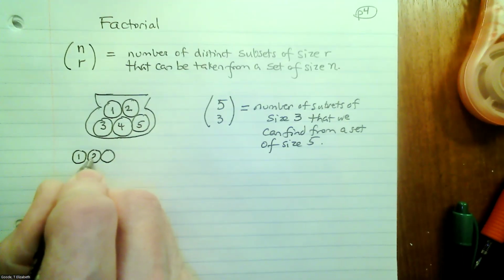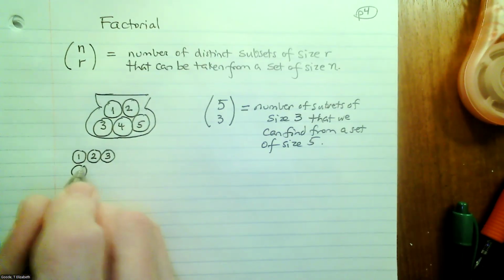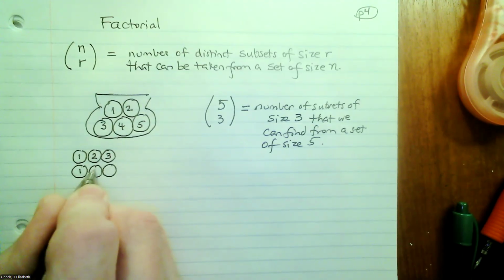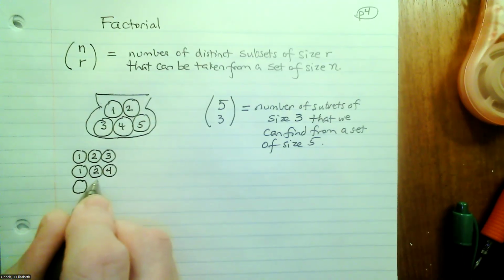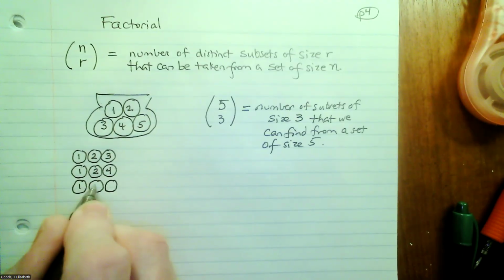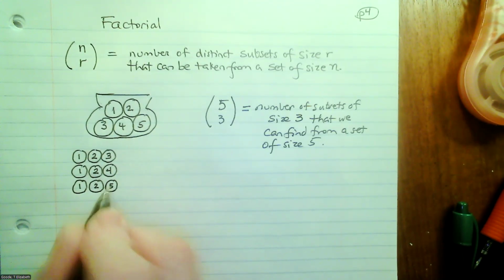So we could pull ball 1, ball 2, and ball 3. Or, I'm just going to try to do this lexicographically, ball 1, ball 2, and ball 4. What would be the other set of 3 balls that has the 1 and the 2 ball in it? 1, 2, and 5. Exactly.